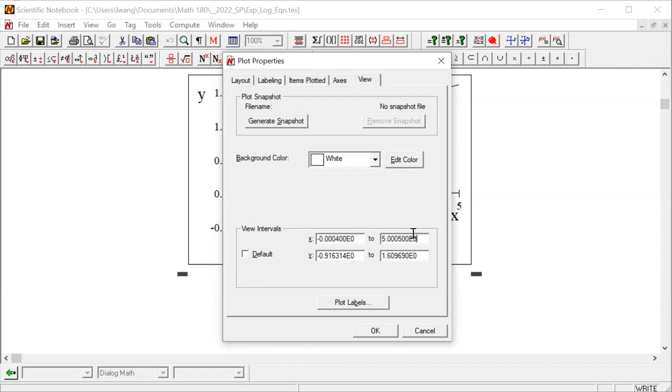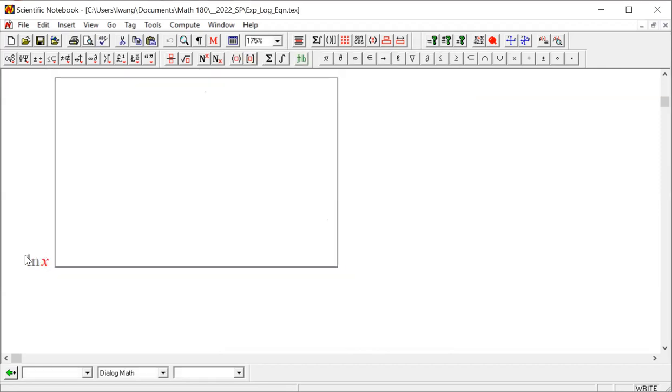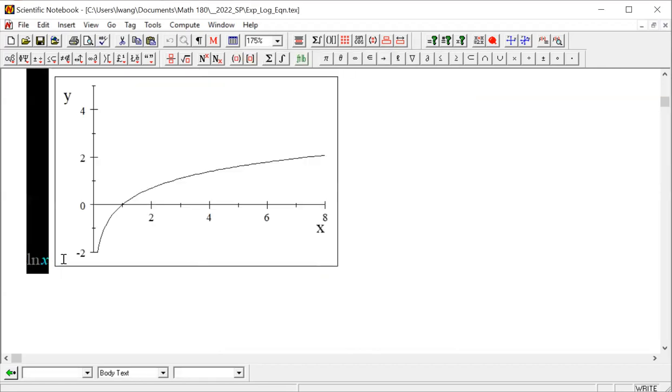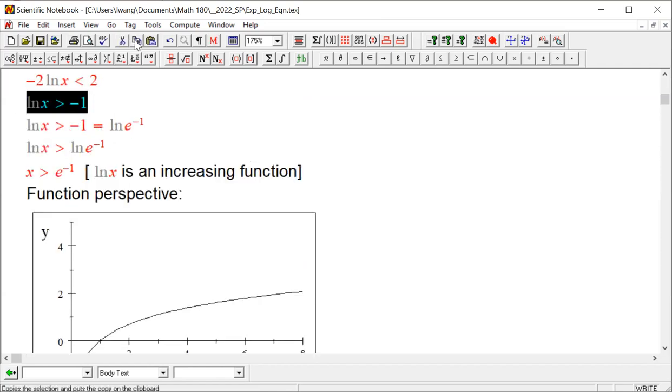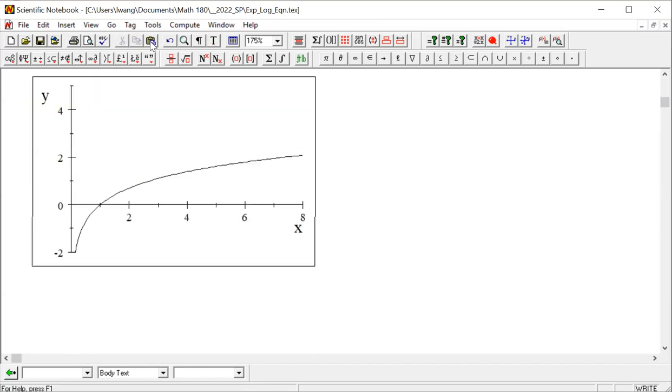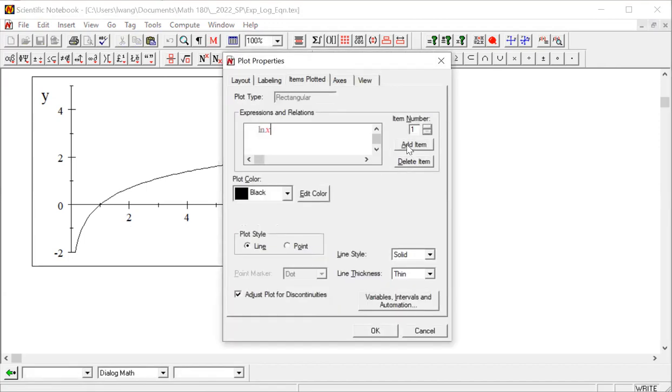Over here, that should be a reasonable picture. We want this to be larger than negative 1. So you're going to draw a horizontal line, y equals negative 1.